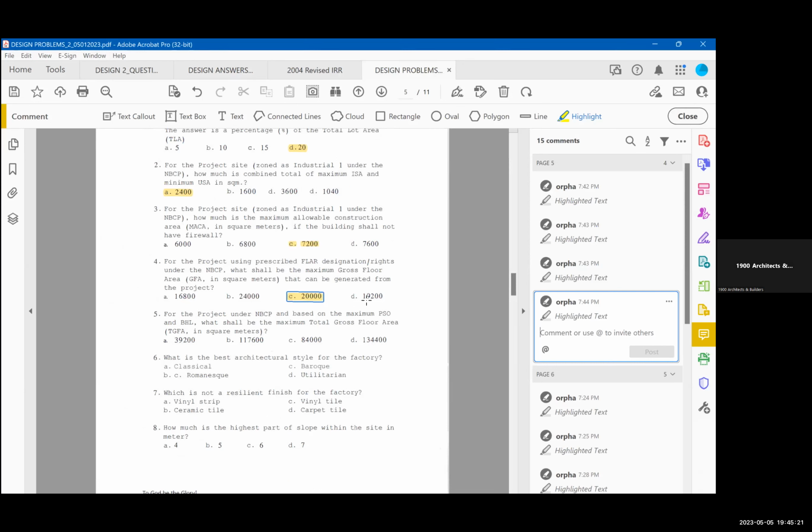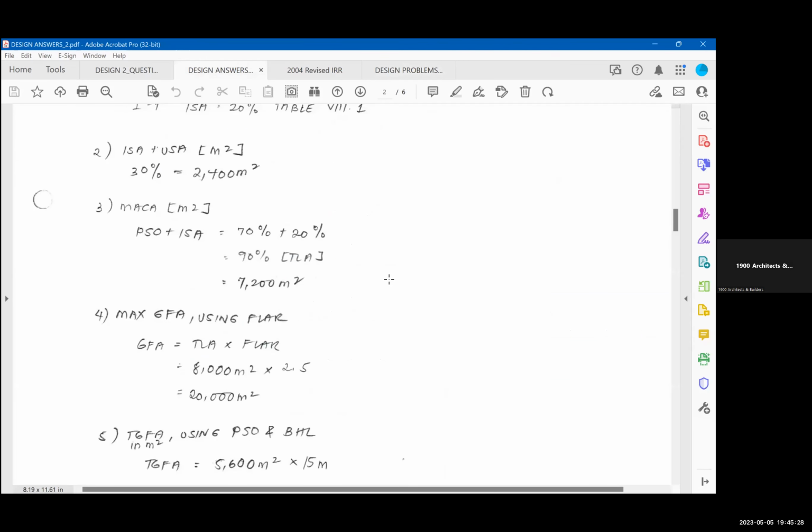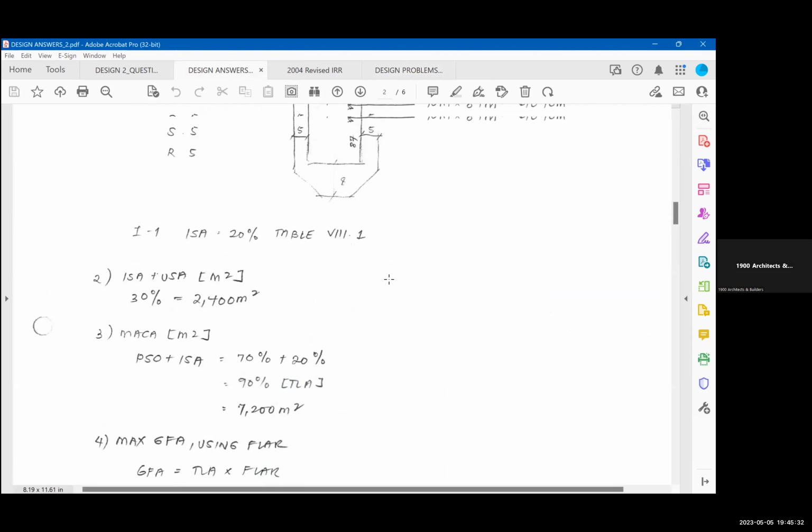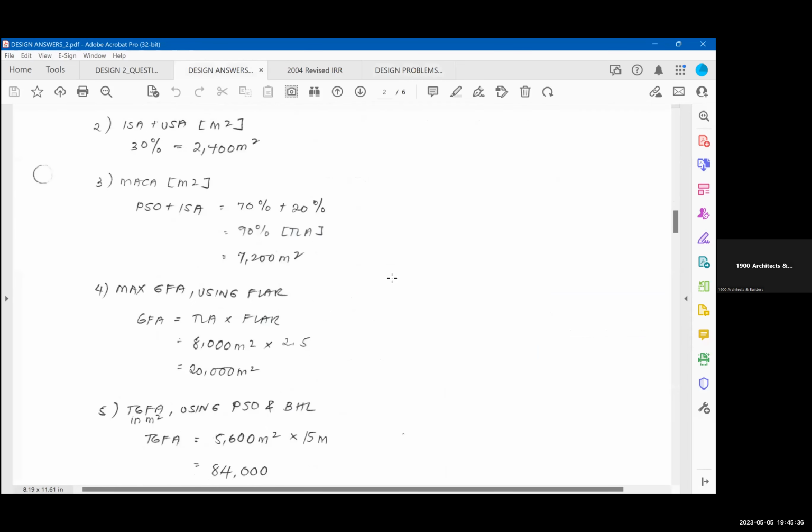So for number 5, ang TGFA is PSO times BHL. So, paano ba natin makukompute ang PSO? PSO is ABF over the TLA, right? So, once na-compute niya, which is 5,600.